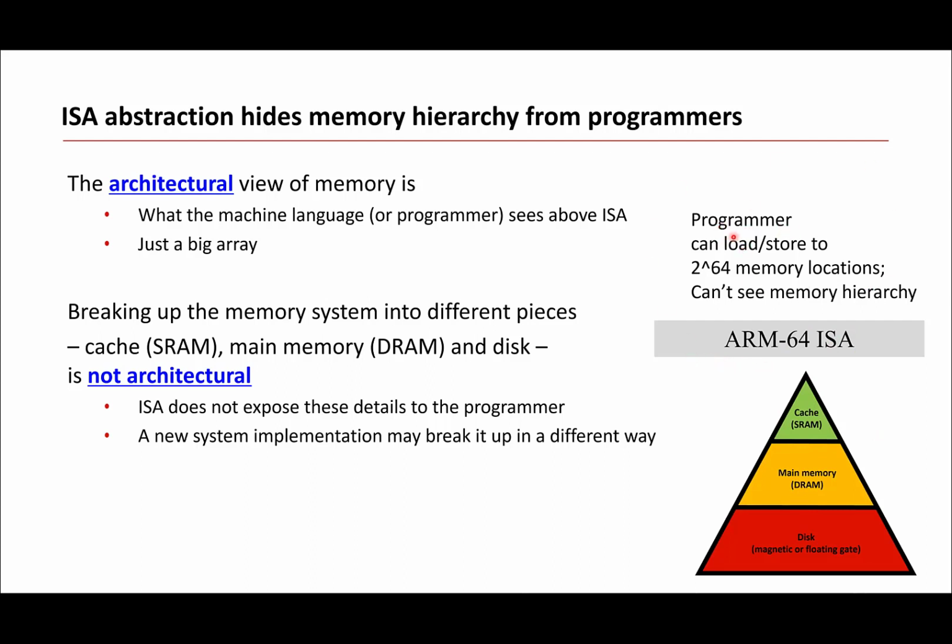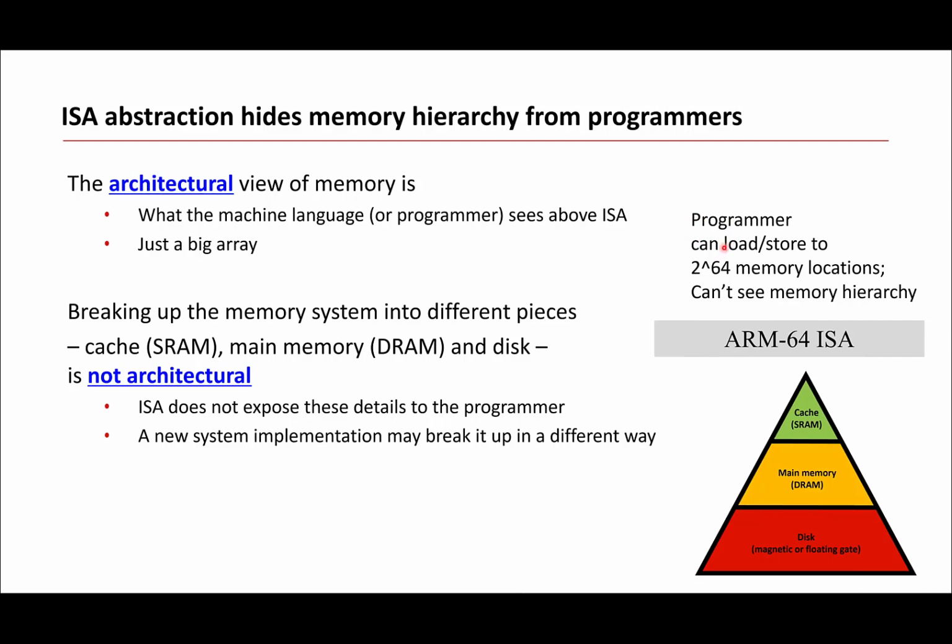The only thing the programmer gets to know is the specification of the ISA about how many different types of memory locations they can access. So a 64-bit ISA says a programmer can access 2 to the power 64 locations. But the details of the size of caches and main memory and disk, etc., are hidden from the programmer.